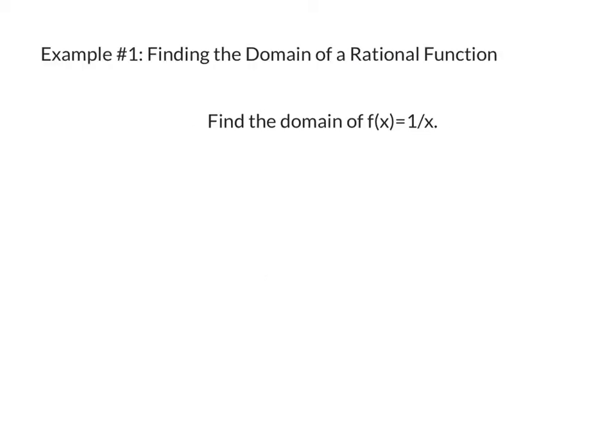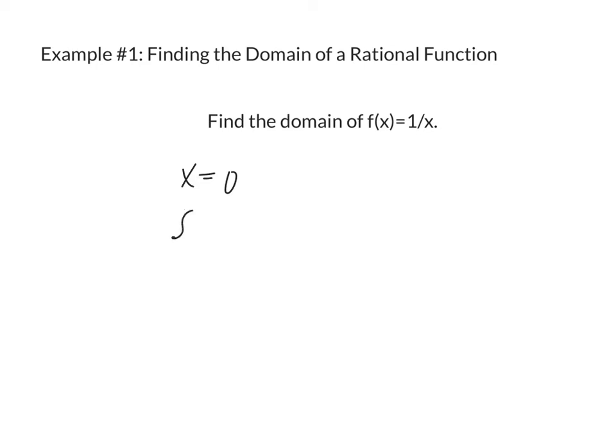All right, so for this first one, we're just going to find the domain, and that one's not too bad. In other words, I need to set the denominator equal to 0. This is the only value where x does not exist.